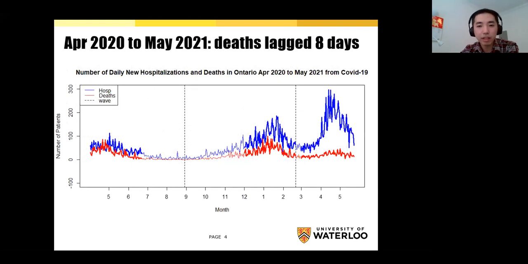This is the data for the 3 waves. The figure contains a blue curve, which represents the number of hospitalizations, and a red curve, which represents the number of new daily deaths. Notice that these are not cumulative. These are just the daily numbers of new cases that you observed on every day.